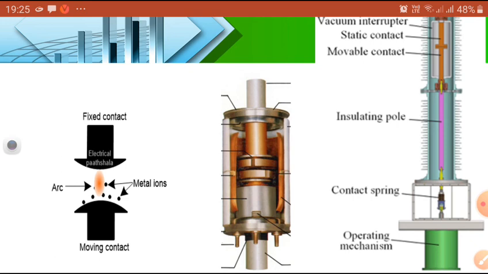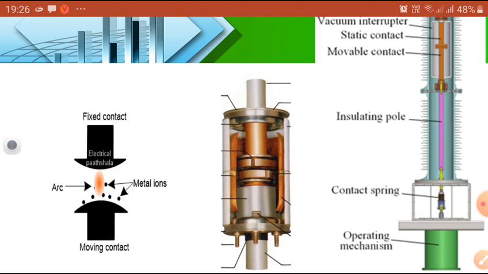Due to the high current, the vaporization of the metal parts increases. The interruption of the arc is possible if the arc remains in the diffused state. If it is quickly removed from the contact surface, the arc will restrike once again. So we should wait.